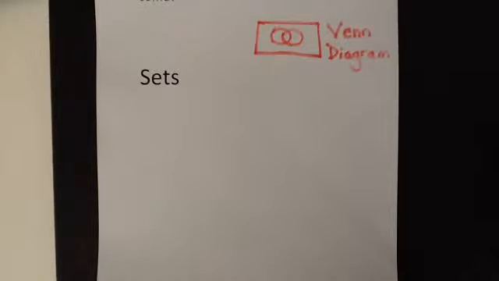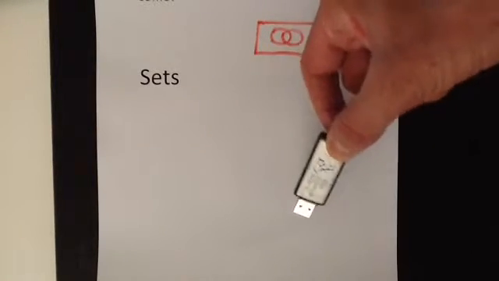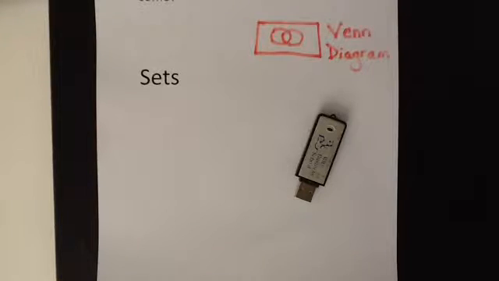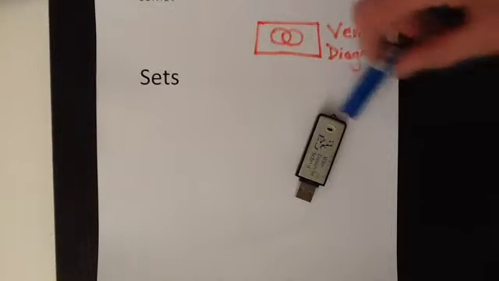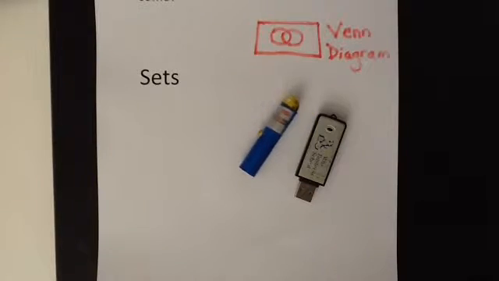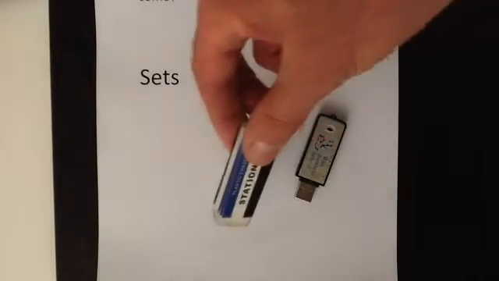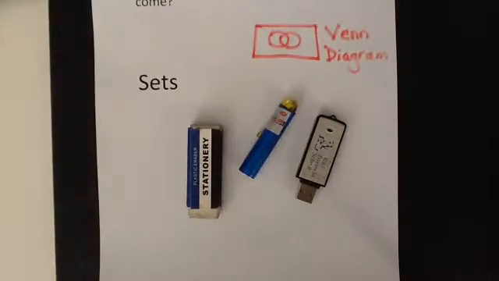A set is just a collection of items, and you can either list them or describe them. So let's say I've got a stick and a laser pointer, what else have I got, and an eraser. Okay, those are my 3 items.